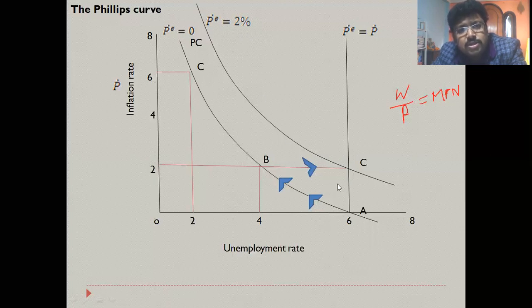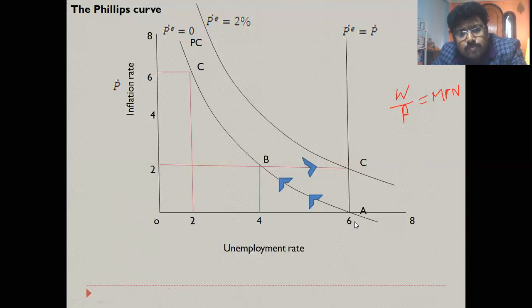But the situation is now the natural rate of unemployment is 6%. Now again the government takes the shelter of fiscal money, expansionary monetary policy, then the unemployment rate will reduce.